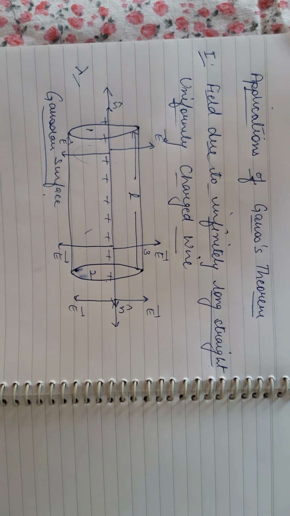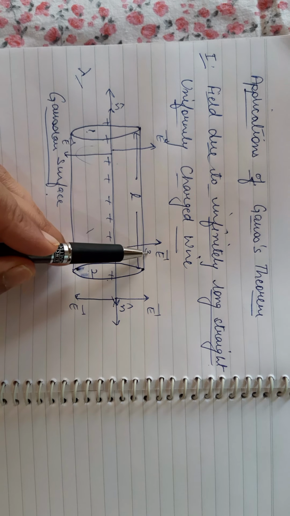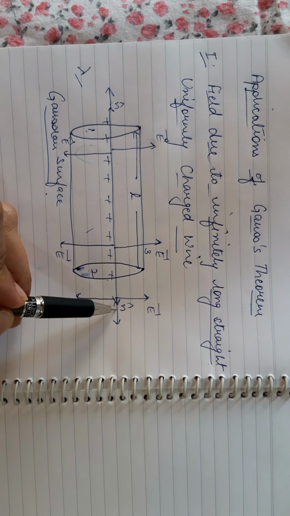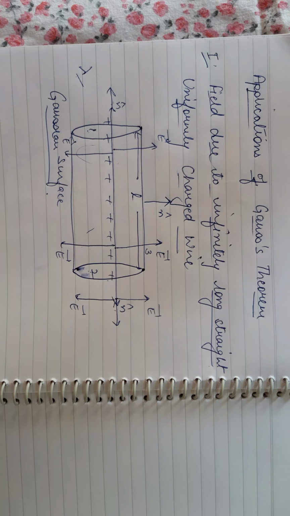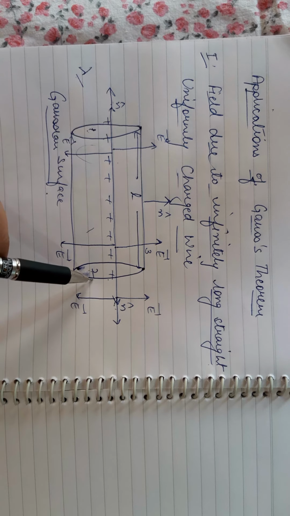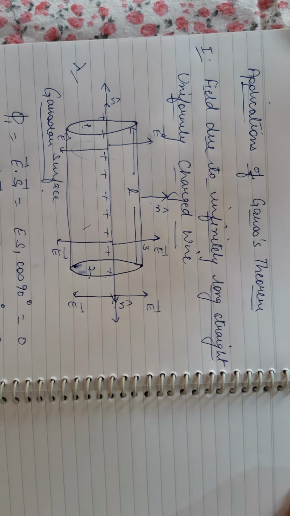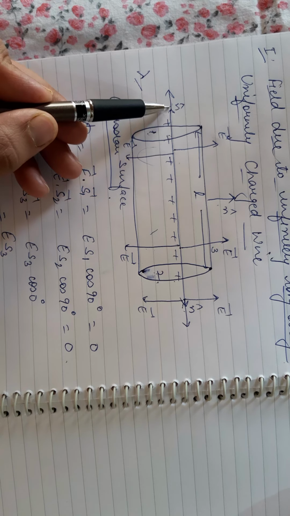I have drawn on both the sides, upwards and downwards, so that the electric field direction is clear to you all. Now we are having three surfaces, 1, 2 and 3. First surface is having area in this direction, second in this direction, and third will be having the area in this direction. Now I'll be finding out the flux due to first, second and third, and then we'll take the total to find out the total electric flux. For the surface 1, flux will be E dot S1.